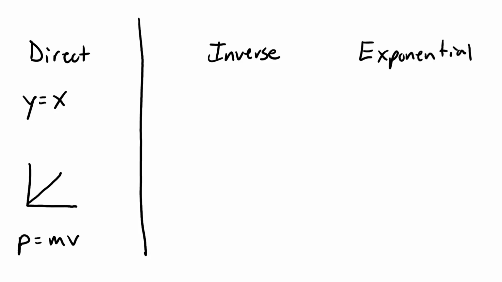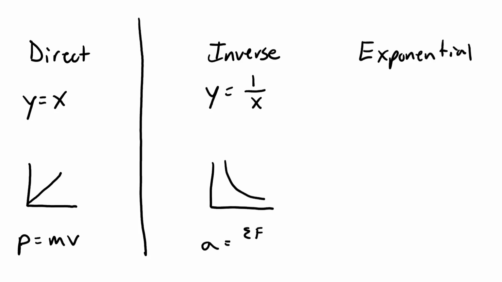It's directly related. For inverse, that's the one where y is equal to 1 over x, and the graph looks like this. An example of this would be maybe Newton's second law. The acceleration is directly proportional to the net force. So that's a direct relationship, but it's inversely related to the mass.